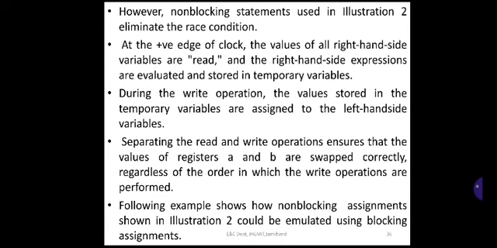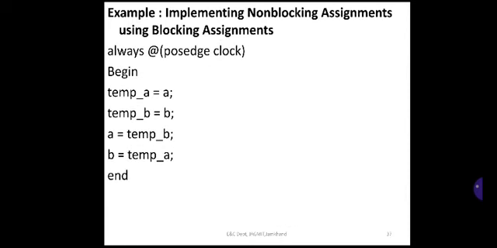The same thing is explained here, in this example, an implementation of the same example using separate temporary variables. See here, always at the positive edge of the clock pulse begin.